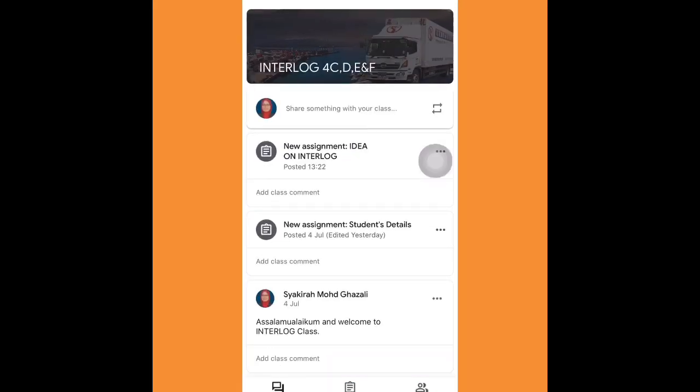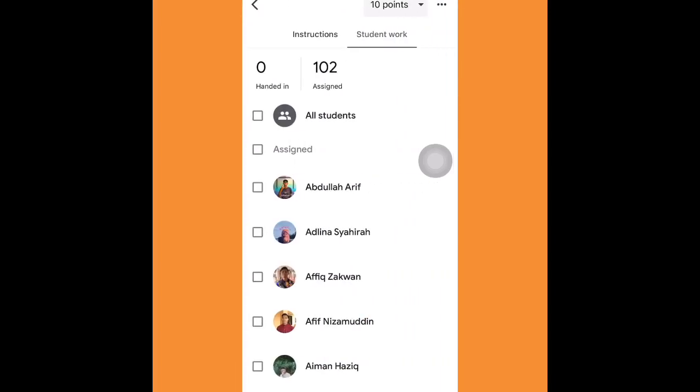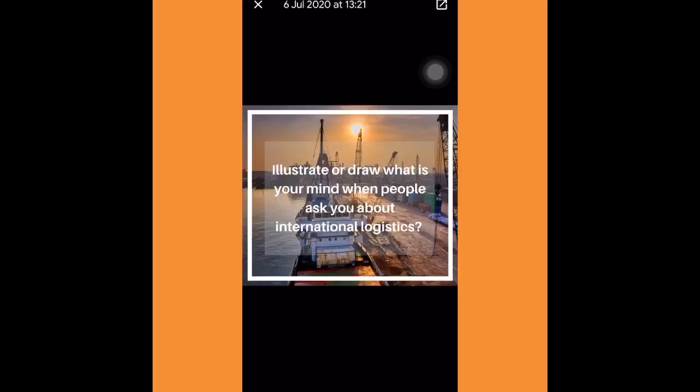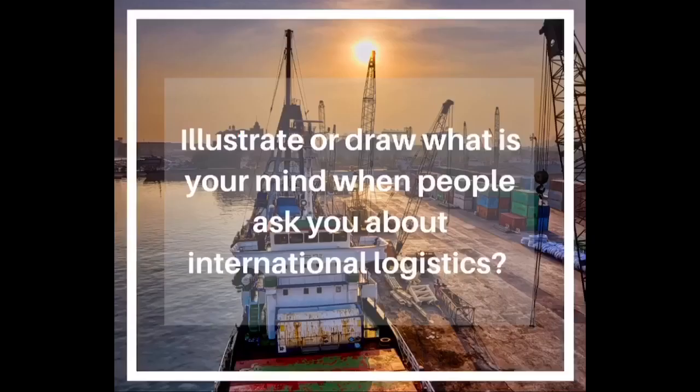You can see here a new assignment, idea on Interlog. Just click on this post and you can see the instruction. You have to draw or illustrate what is international logistics, and you can view the instruction here. Then submit in this section.